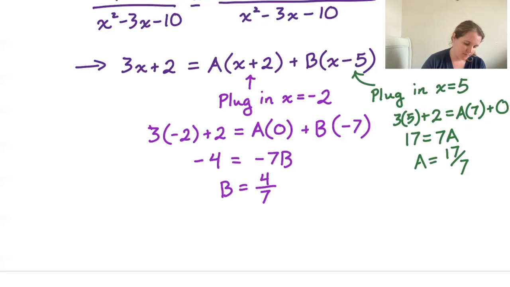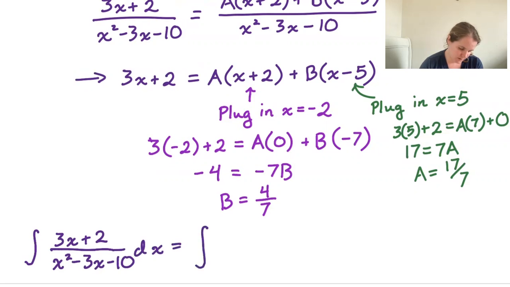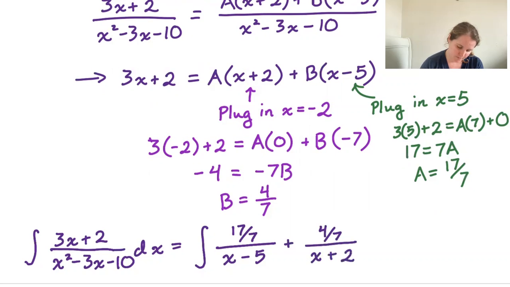So we have that our original integral of 3x plus 2 over x squared minus 3x minus 10 dx is equal to the integral of 17/7 over x minus 5, plus 4/7 over x plus 2, dx.